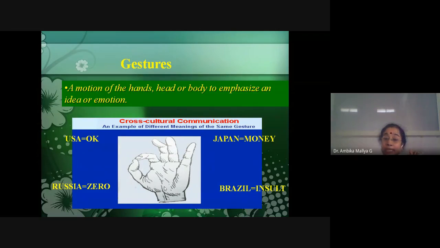It's an obscene gesture when it comes to Brazil. You might get beaten up if you show this gesture to someone. So look at the differences. See, in Japan it means money, but don't we Indians have a gesture for money? We have a gesture for money, isn't it? Like you do this. This means money.